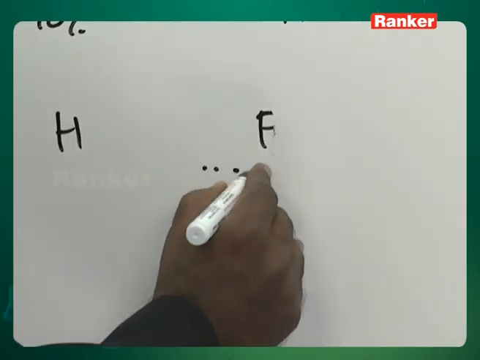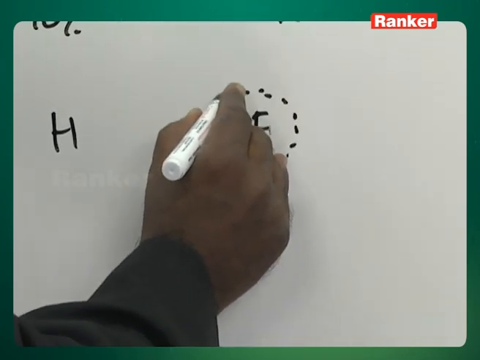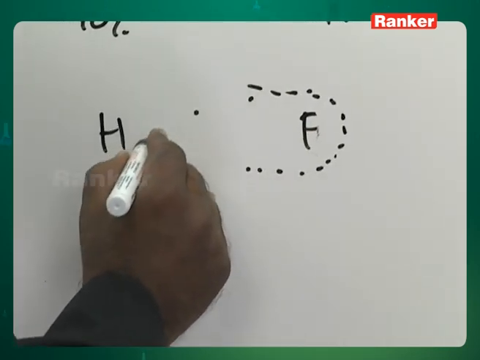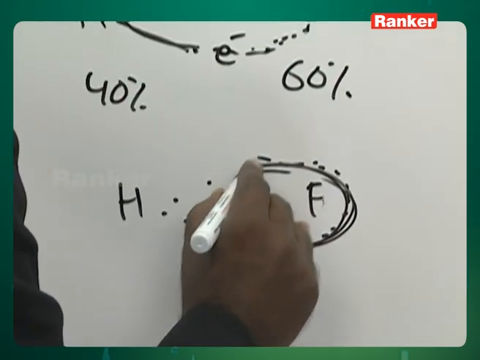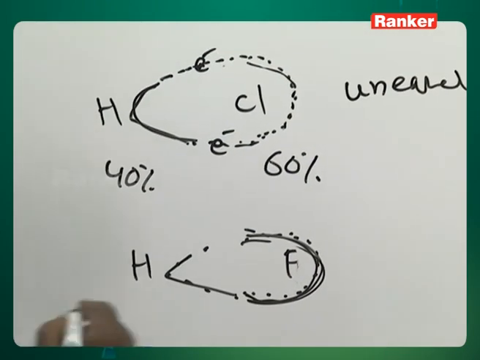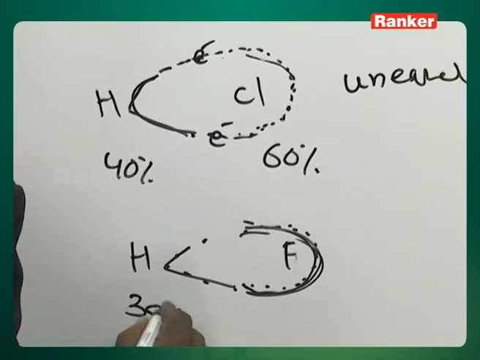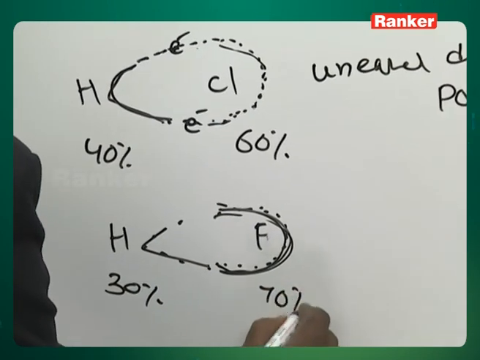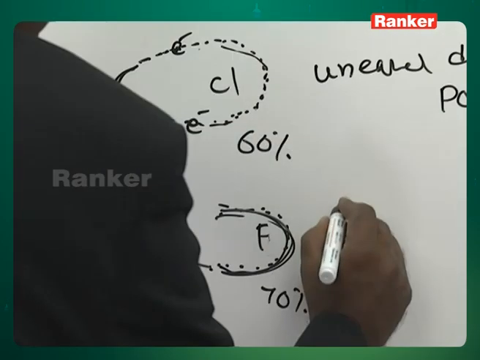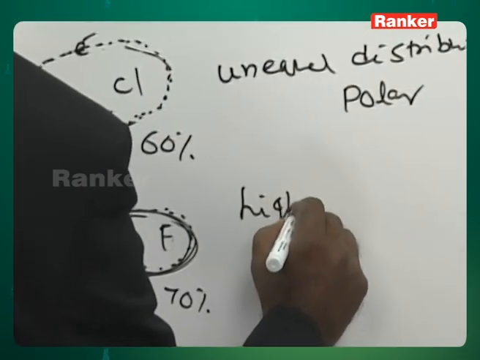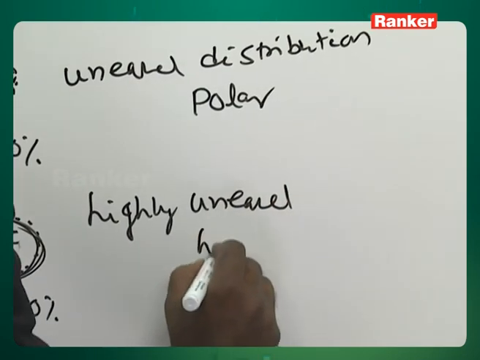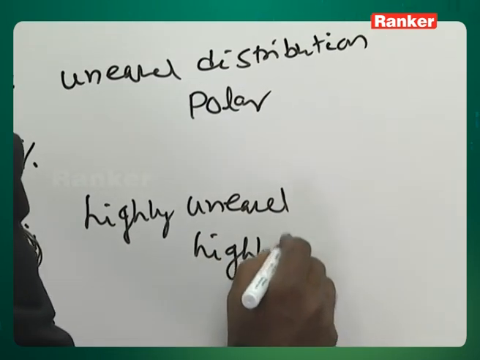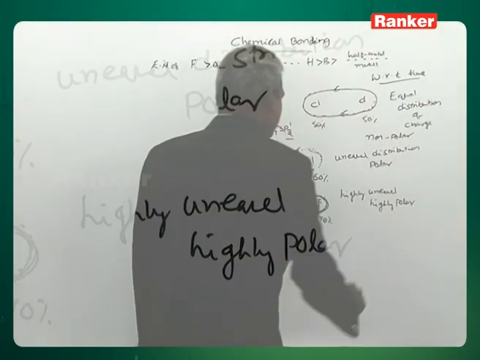The electrons are spending a lot of time here and very little time around hydrogen. So, you can say it is 30%, 70%. This is highly unequal distribution of charge. This is a highly polar covalent bond.